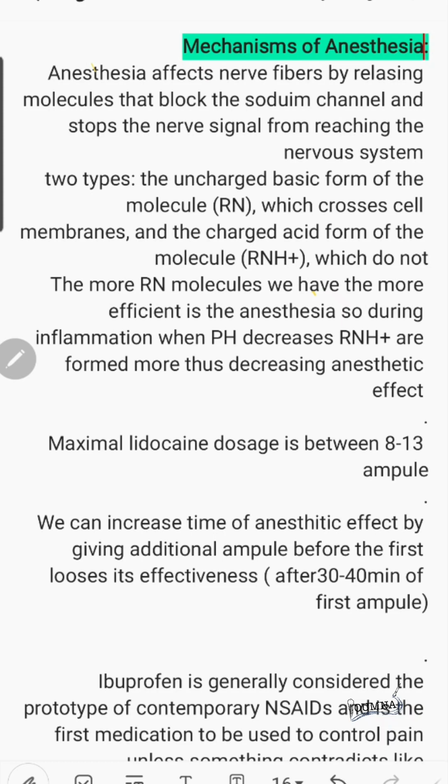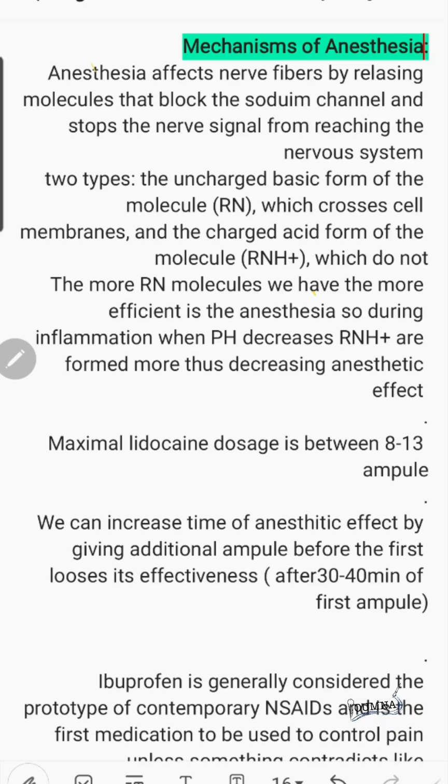Mechanism of anesthesia: anesthesia affects nerve fibers by releasing molecules that block the sodium channel and stop the nerve signal from reaching the nervous system. Two types of molecules are present in the anesthesia solution. The first is the uncharged basic form of the molecule, which is the RN. This RN crosses the cell membrane and causes the effect of anesthesia.